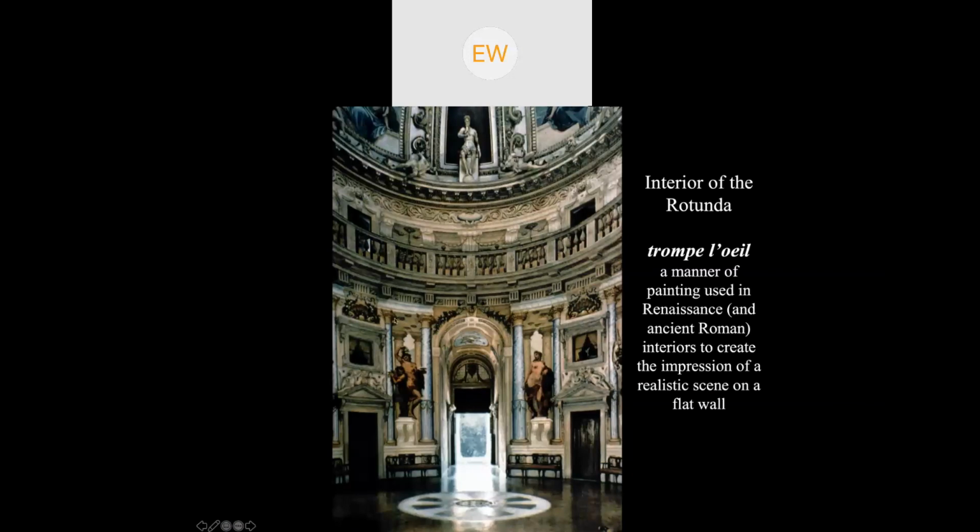This is illusionistic painting. There's no space here. This is the flat wall. You can see the pediment over this doorway is three-dimensional, but a lot of this surface is illusionistically painted to make you think that there is depth there when there is not.